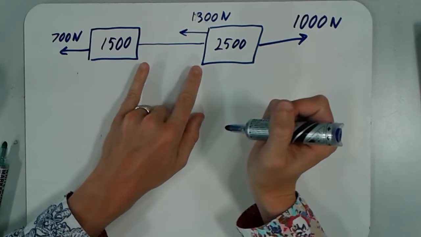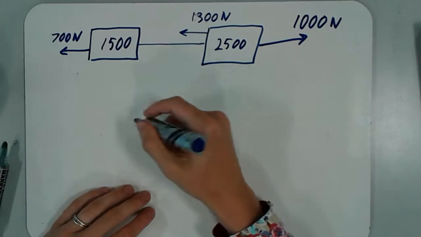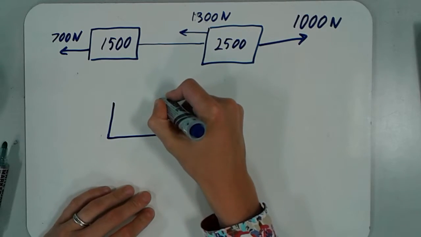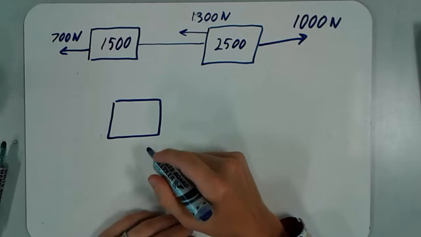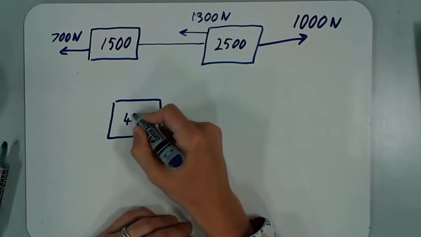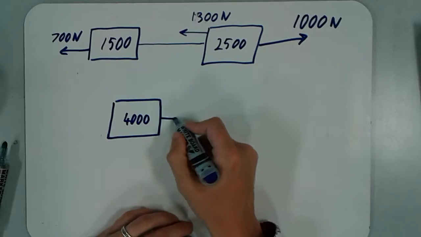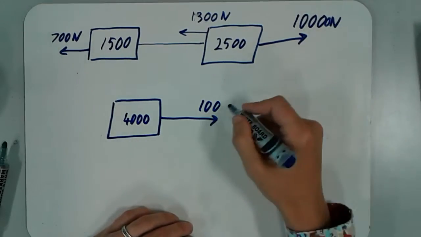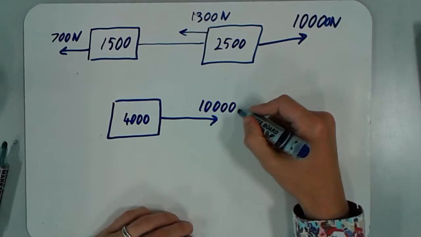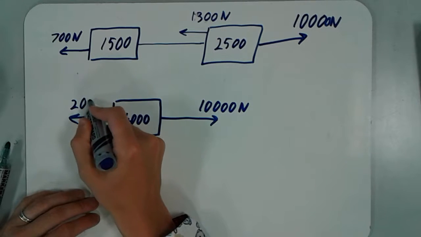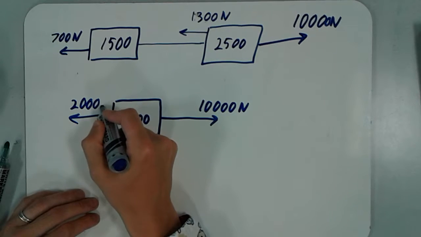Well, let's notice the fact that this is an inextensible tow bar. So we could consider this as just one big single system, which has a mass of 4,000, a driving force of 10,000 newtons, and a total resistive force of 2,000 newtons.